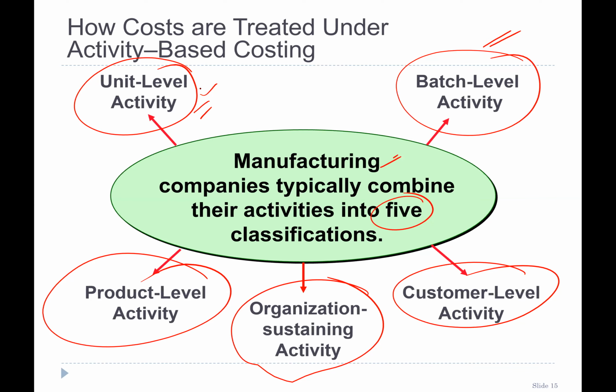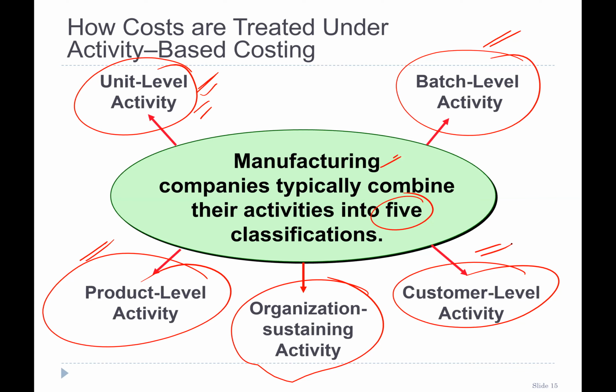If you are making units, then it would be a unit level. And if you are making different products, departmental type, you use departmental. For example, in Dell, this is the mouse production department, this is the CPU production department, this is the LCD department, right? So you use different cost drivers for product level activity or department level activity.